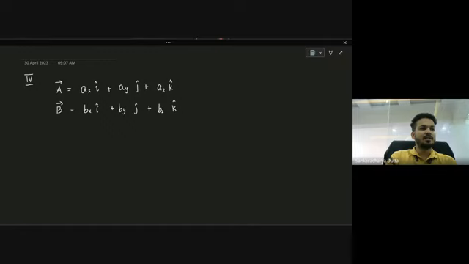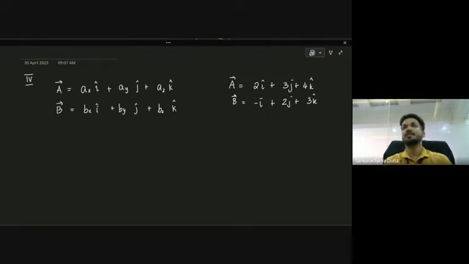Now, what are these subscripts? Just to represent the components. Usually, it will be given in numbers, like 2 I cap plus 3 j cap plus 4 k cap, and B will be given as minus I cap plus 2 j cap plus 3 k cap. Something like this will be given to us.